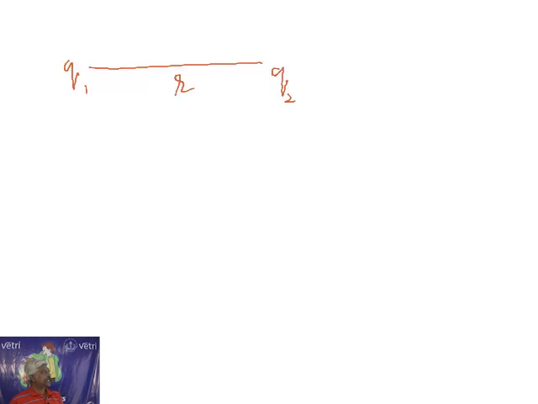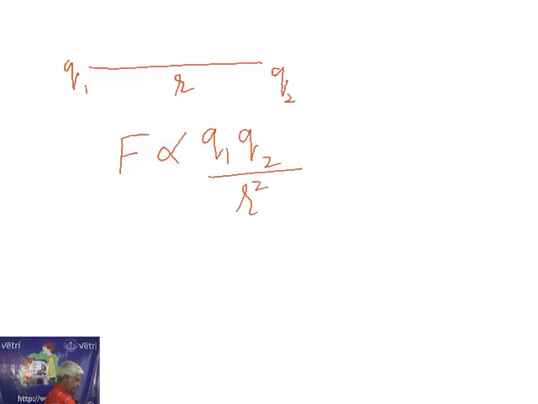Coulomb stated that the force between the charges is directly proportional to the product of the charges and inversely proportional to the square of the distance between them. This law is called Coulomb's law. F is proportional to Q1 Q2 by R square. Whatever the charge, the force depends upon these charges.